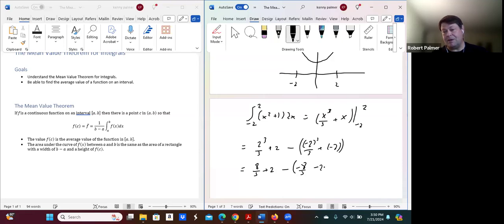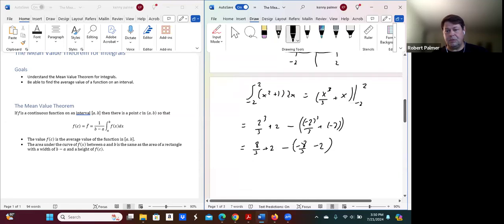Actually, then here we have -2. Okay, we're going to distribute the negative. And so we have 8/3 plus 2, and that's actually plus 8/3 plus 2.